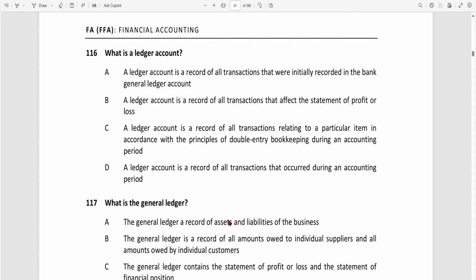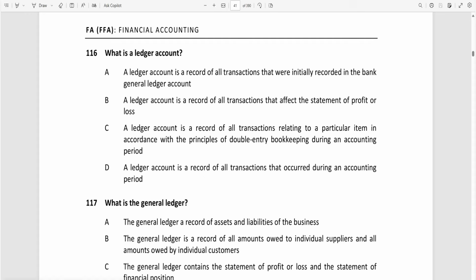The first option says a ledger account is a record of all transactions that were initially recorded in the bank general ledger account. Basically, the first statement describes the bank ledger, not the general ledger account. That's why it's incorrect.